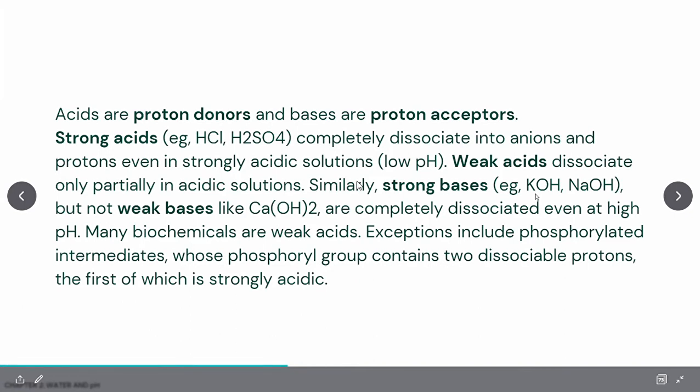But per se, they are not bases. We call them alkalis. Now, they have basic property, because of the OH. And OH are proton acceptors to become water.